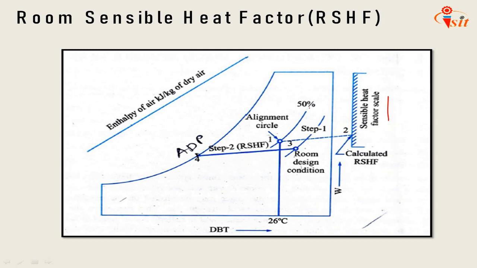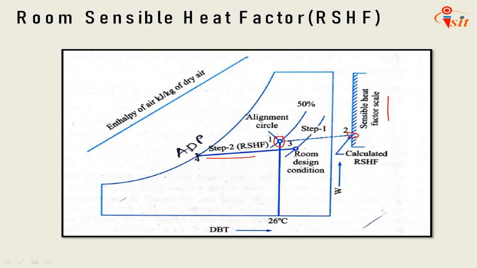Here 50% relative humidity and 26 degrees Celsius DBT is what we call the alignment circle. You need to take a parallel line with the RSHF line, which will touch the sensible heat factor scale and give you the calculated RSHF.